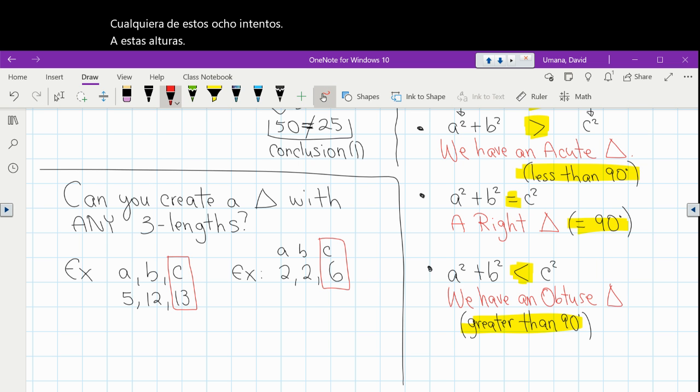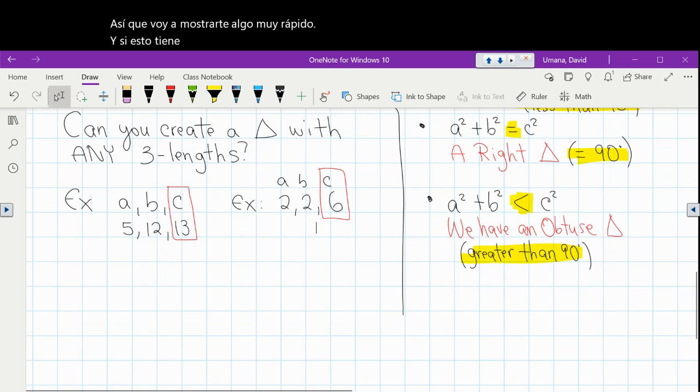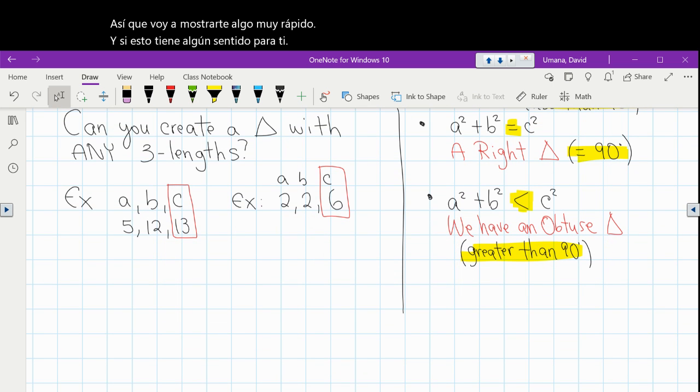So I'm going to show you something real quick and see if this makes any sense to you. Anybody discover which one it might be? Which one would work? Which one would not work? Will both of them work? Only one of them? Anybody find it?